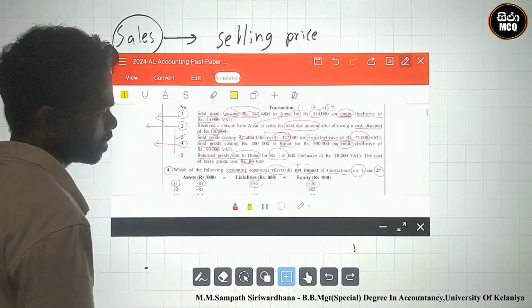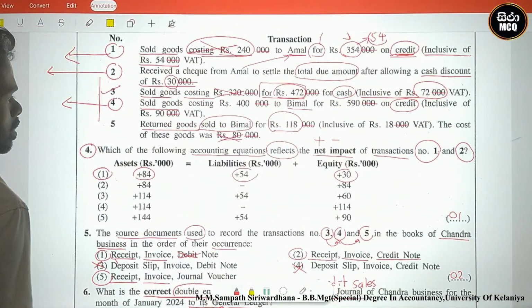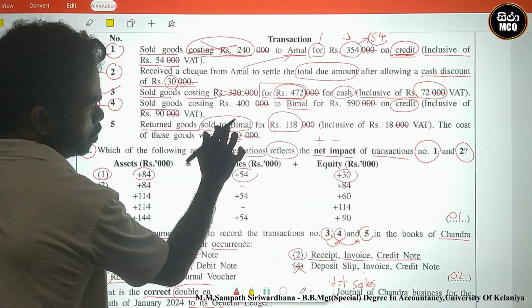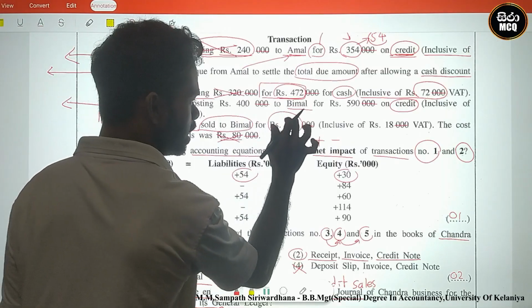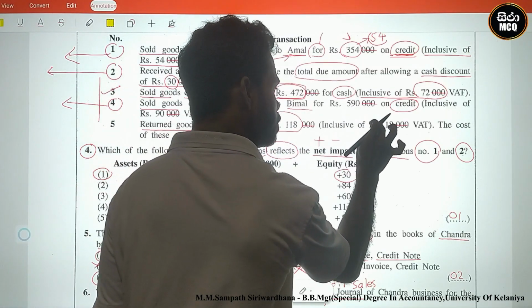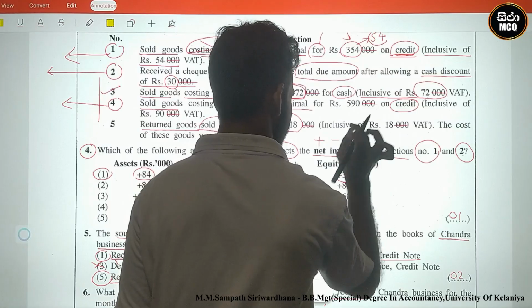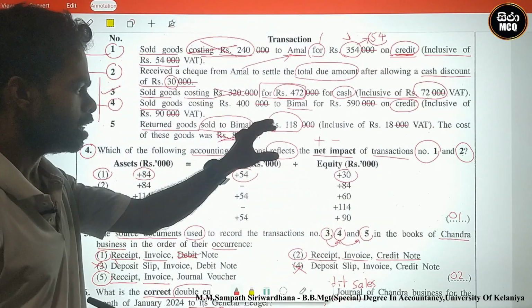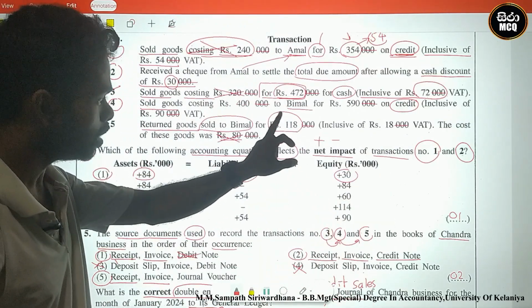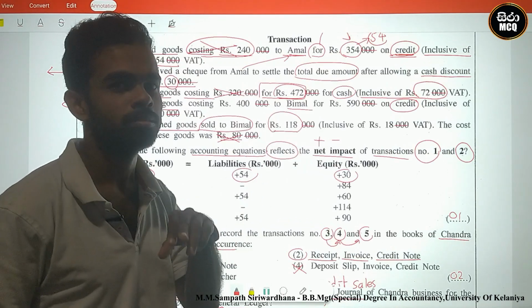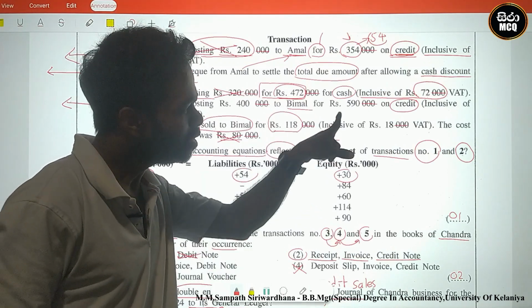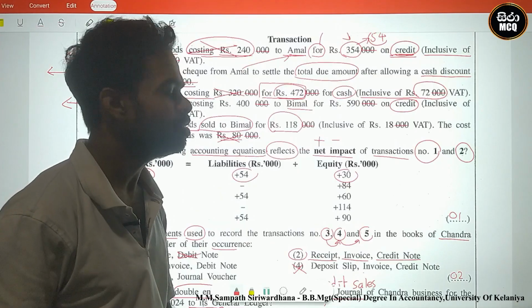Look here. Return of goods sold to Bimal for 118, inclusive of VAT 18,000. This is the selling price, 118, inclusive of 18,000 VAT.